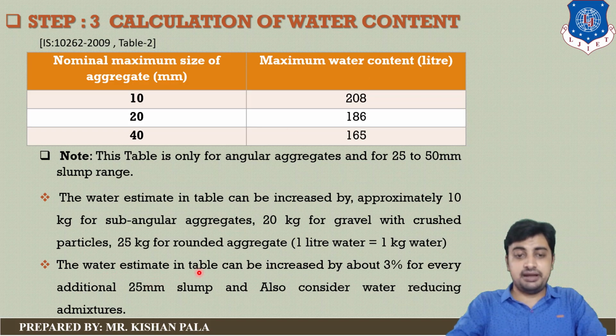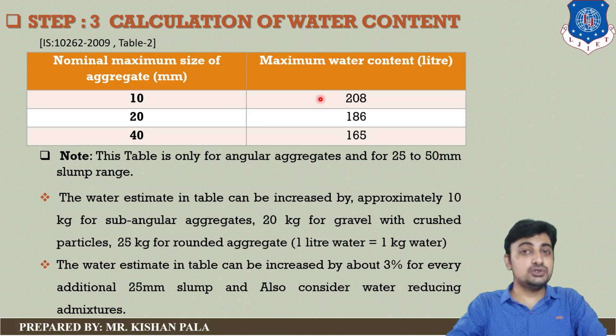So the water estimate in the table can be increased 3% for every additional 25 mm of slump, and also consider water reducing admixture. So if you are using the 75 mm slump, in that case you have to increase the value. For example, I am using the 10 mm nominal size of the aggregate, and in that case I have to take the 208 liters water mass, and as we know this value is for the 25 to 50 mm slump.